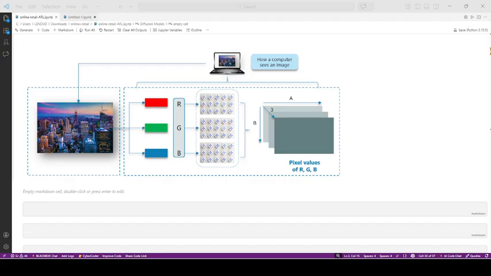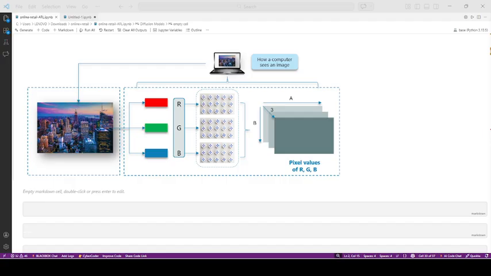So we have to know how these images are first read by the computer. That's why I have given a brief idea of how the computer reads images and how the values are taken, because the next operation depends on this only. I hope you got to know this concept.